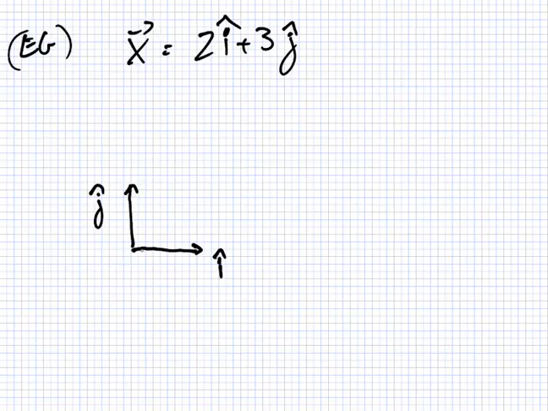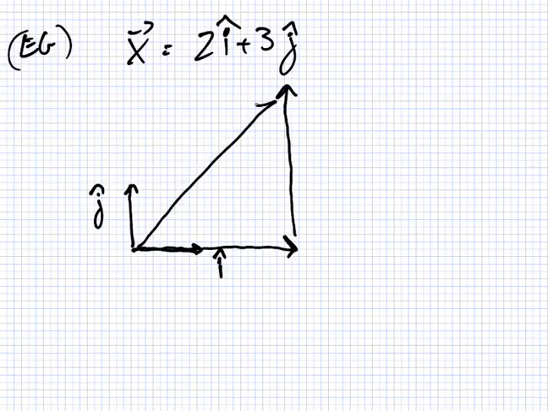So 2i would be this, and 3j would be this. So the answer for x would be like this, where this is 2i and this is 3j. Do you see what I mean when I say it looks like what we did in semester 1? It's like the x is 2 and the y is 3. It's a similar idea.